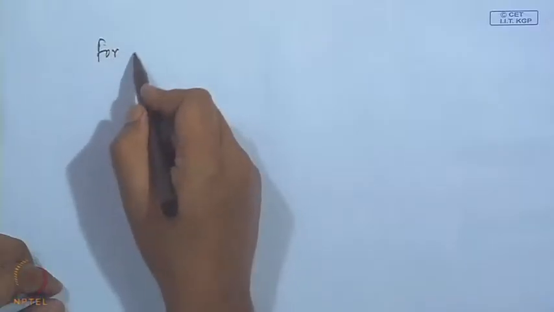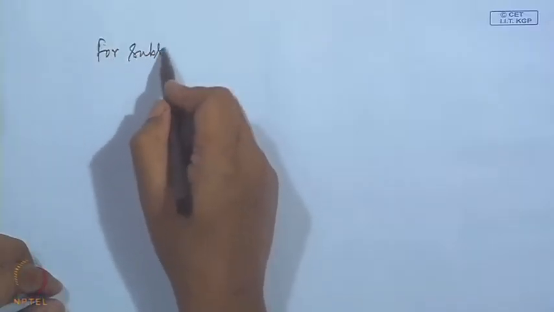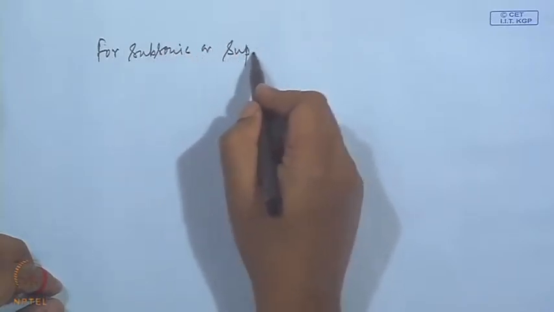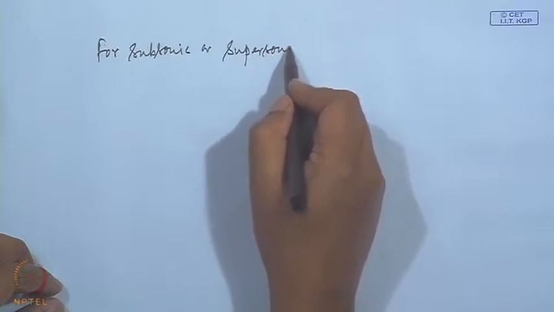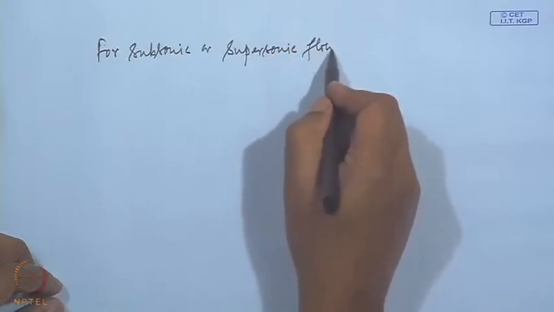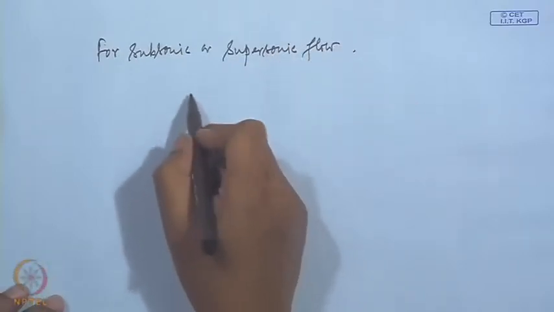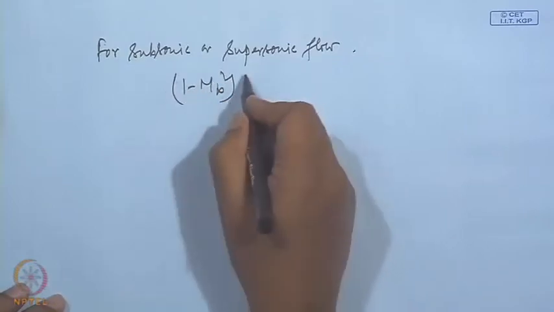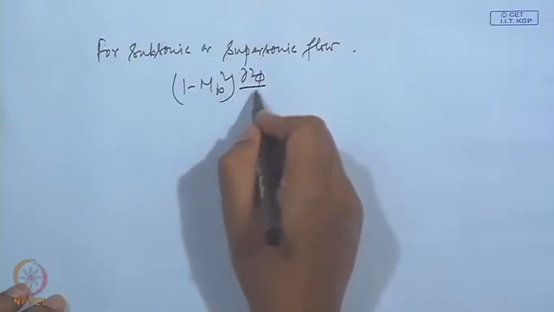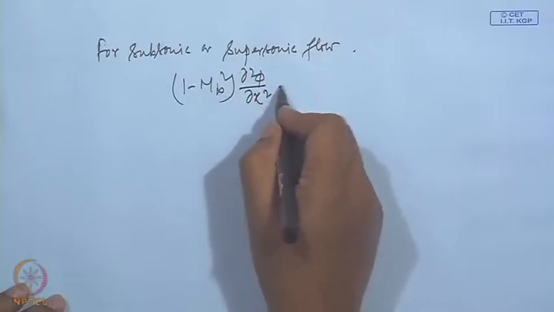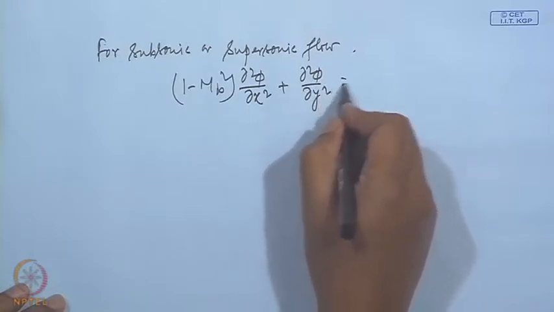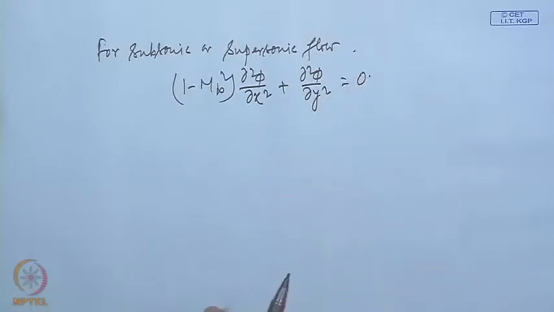Now, for subsonic or supersonic flow, we have 1 minus M infinity square, d 2 phi dx square plus d 2 phi dy square equal to 0.